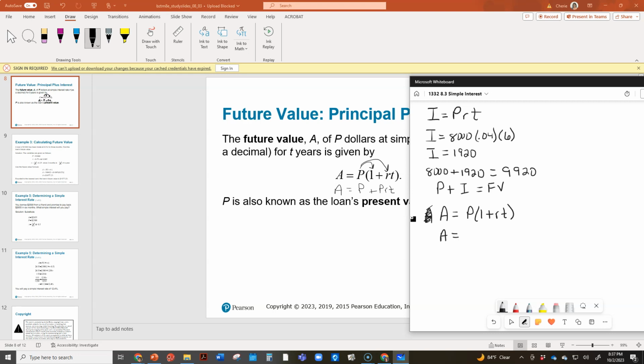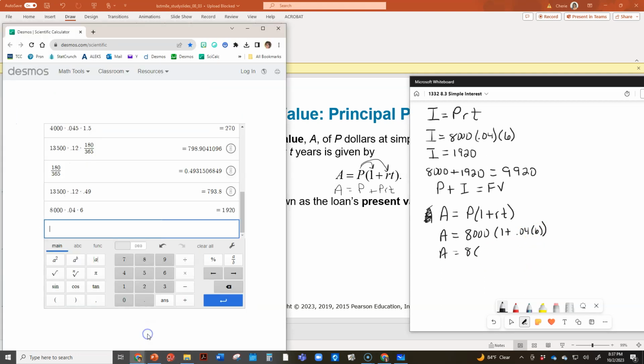The amount that we're finding is our principal, which is $8,000, times 1 plus our rate, which is 4%, times our time, which is 6. So we're going to do 8,000 times, and then you're going to do that math right there. So 0.04 times 6, I believe, is 0.24. I'm going to grab my calculator real quick.